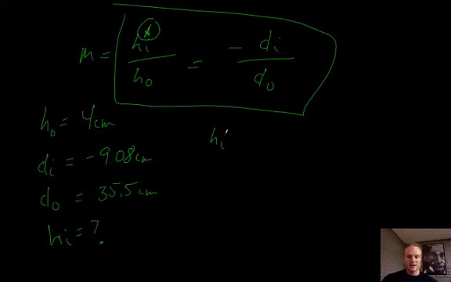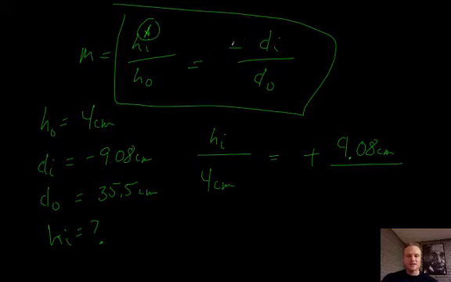So we have hi over 4 centimeters is equal to negative di, and di is negative. So this is negative, and this number is negative, so this actually becomes a positive 9.08 centimeters. I did that kind of fast, but there is a negative in the equation. There it is. And we have a negative di, so 2 negatives, this becomes a positive.